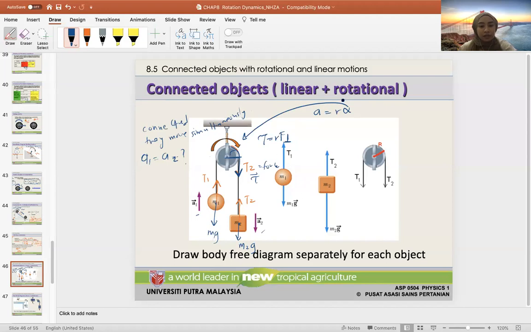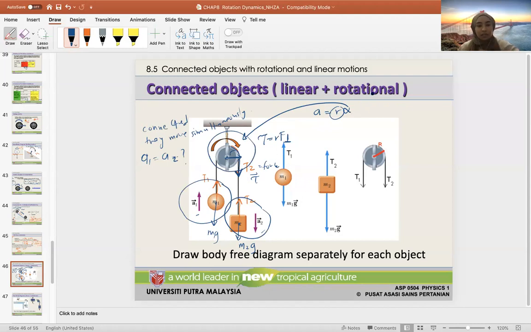If you want to find the linear acceleration, you should multiply it by the radius, and the radius is this over here. So again, I'm going to repeat myself. A1 is equal to A2. The pulley has the same acceleration, but it is rotational.